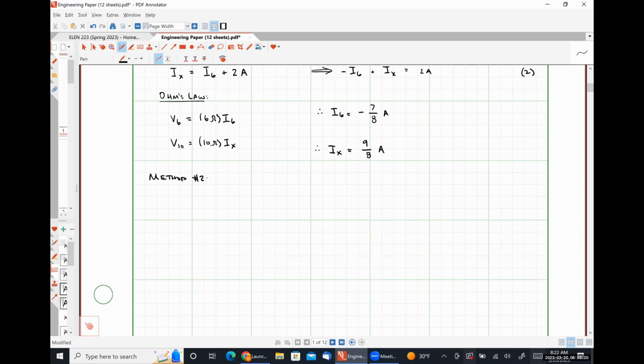So method number 2. Superposition. Because this circuit contains 2 independent sources, we're going to actually analyze it twice. All right.